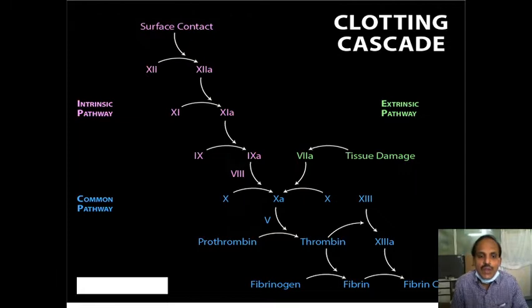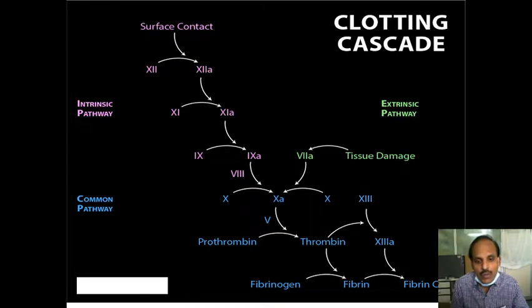If you see the clotting cascade, there is an intrinsic pathway and an extrinsic pathway. On the left hand side we see factor 12 initiating the cascade, and on the right side we see factor 7 through tissue damage mediating the pathway. The left hand side, through 12, is the intrinsic pathway, and the right hand side is the extrinsic pathway.